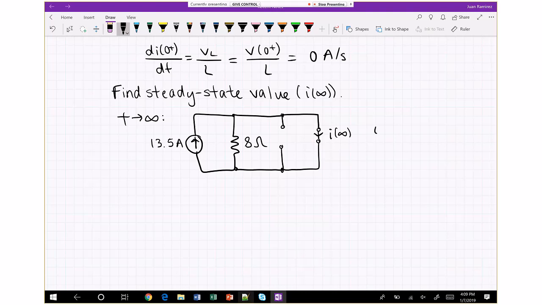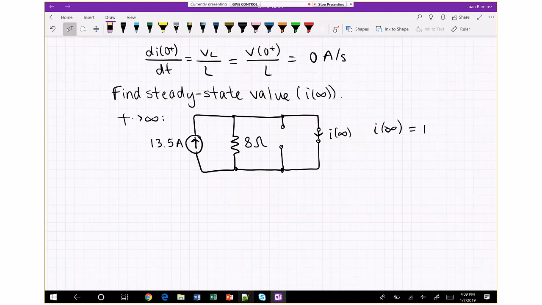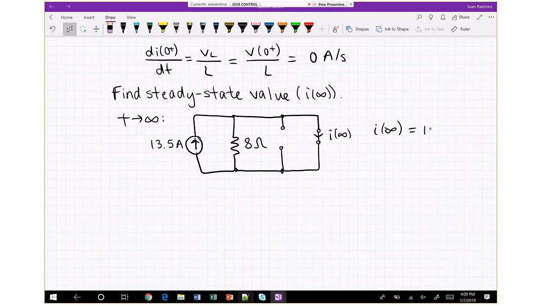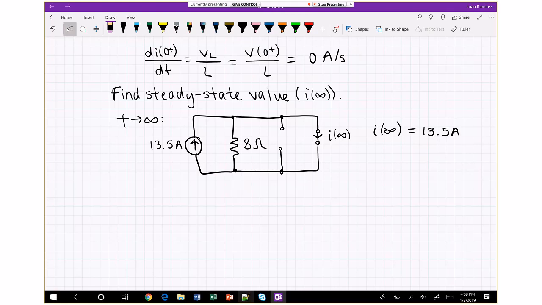And because of that short, all the current will flow through it, and that's 13.5 amps. And if we wanted to look for the final capacitor voltage, we could. It's equal to 0 because it's in parallel with the short.